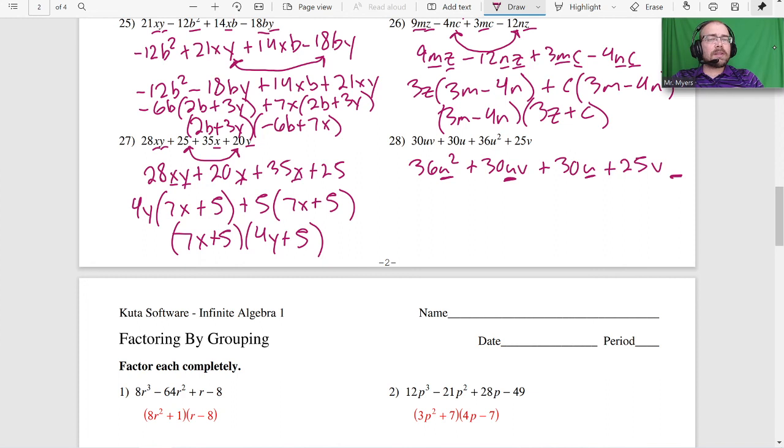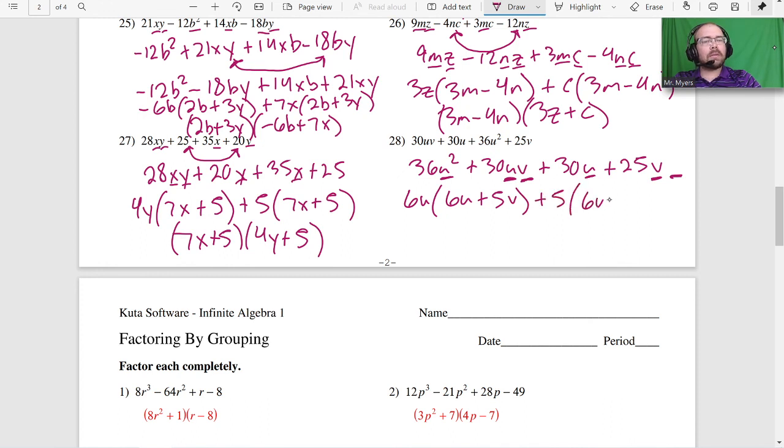All right, so the u's are taken care of. Now we look at the v's. Are the v's good? 2 and 4? Yeah, they're fine. All right, cool. So now, let's see, 6u plus, looks like 5v plus 5.